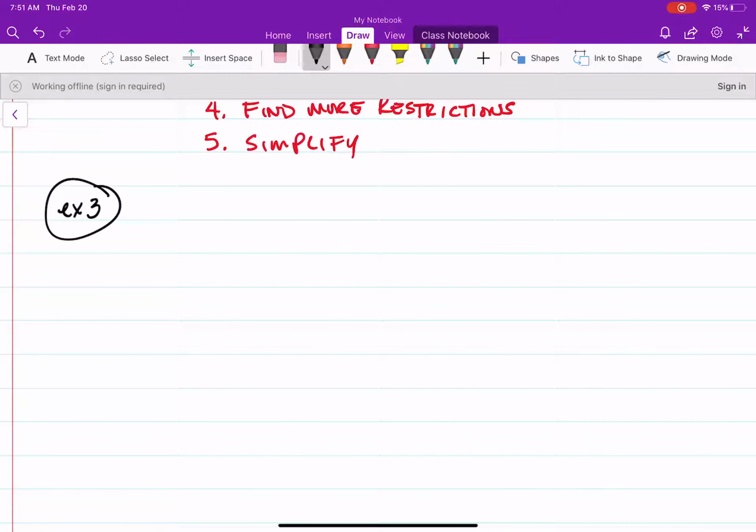So let's do x squared minus 5x minus 24.